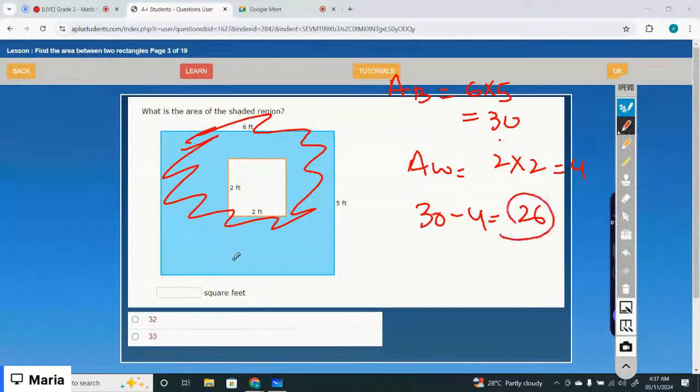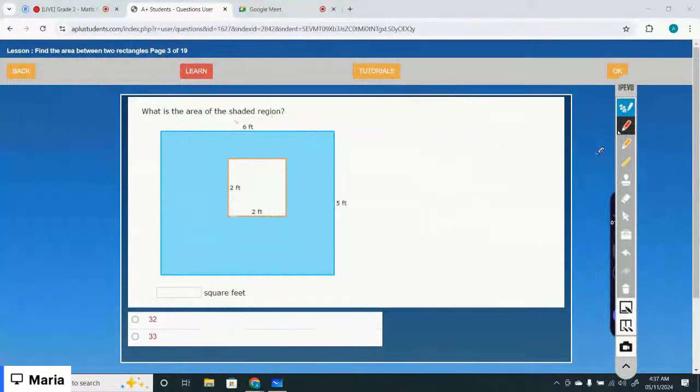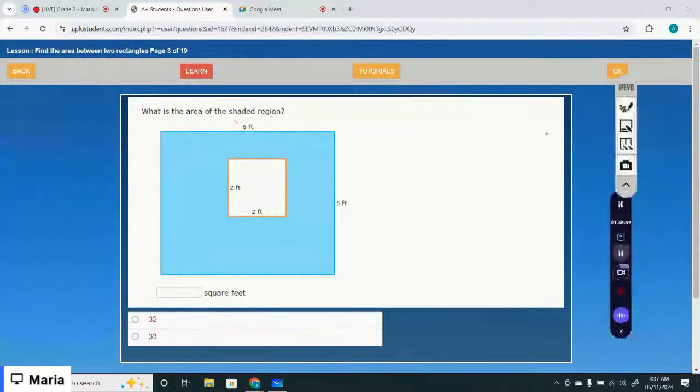That would be 26. But here you have different options, right? Let's just select any of the options because you are not given the correct option.